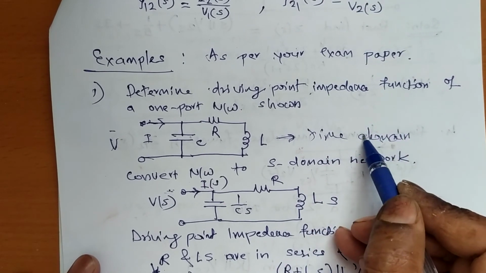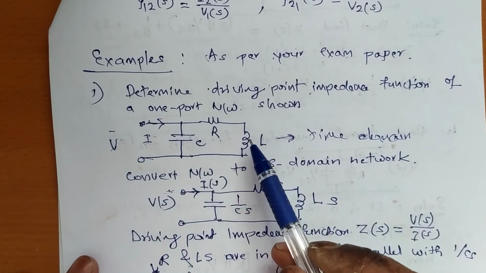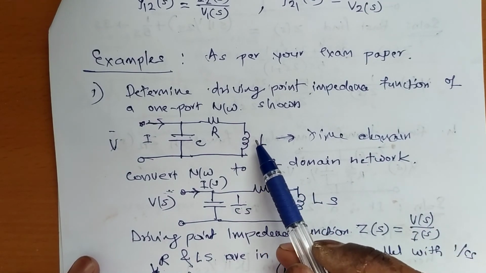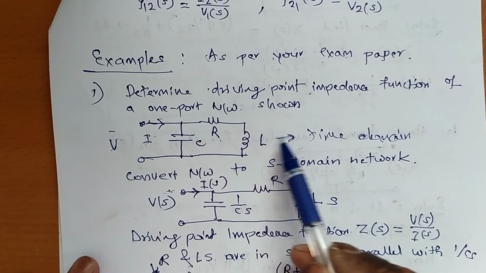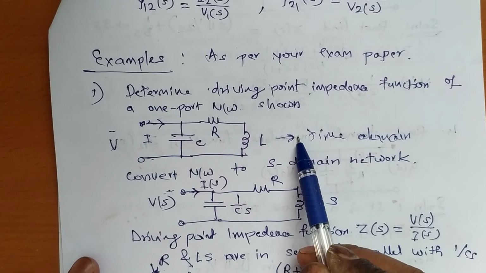You are already very much aware of how to convert a time domain network into an S domain network, the Laplace transform domain network. While converting, I think you remember, we used to take care of initial conditions.